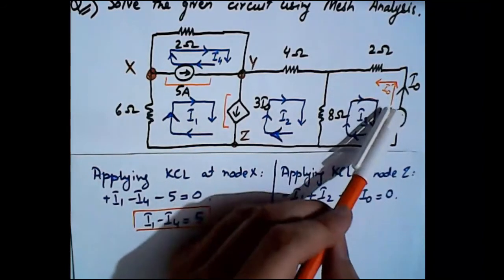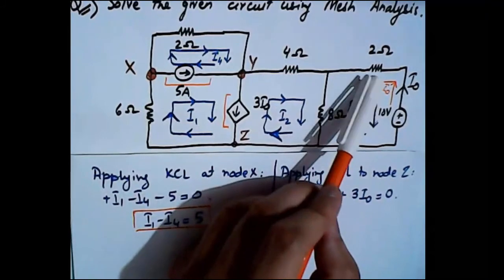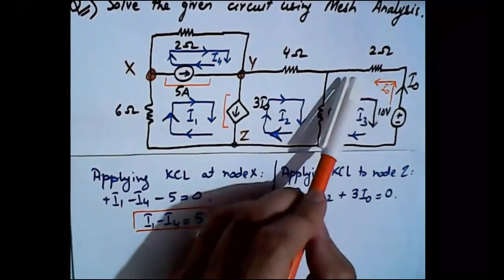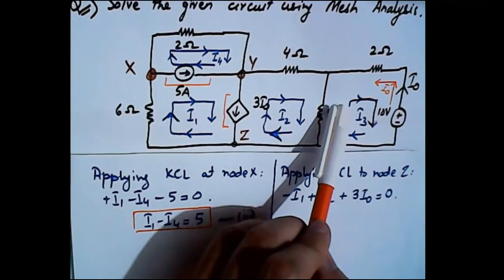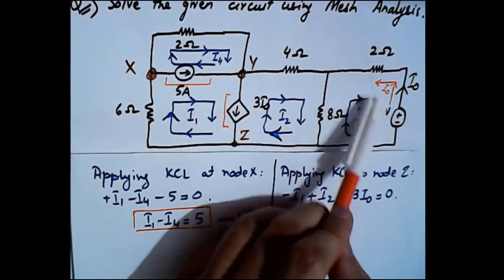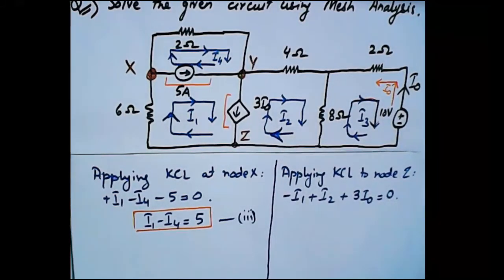I0 here is leaving the positive terminal of the battery and moving from the battery towards this 2 ohm resistance, whereas I3 is in the opposite direction, coming from the resistance towards the battery. So I0 and I3 are equal in magnitude, but they are opposite in direction.